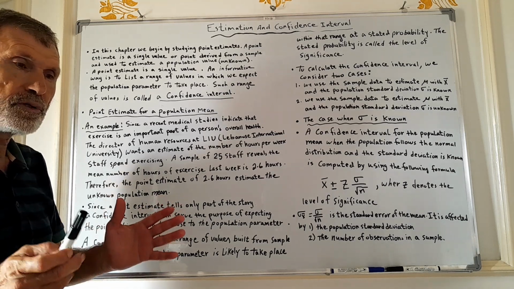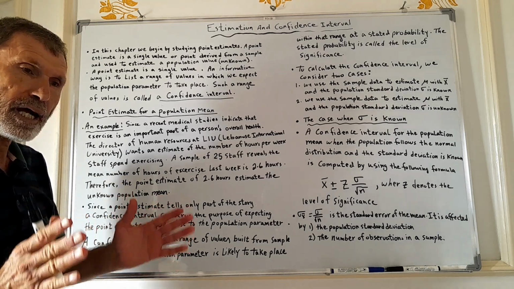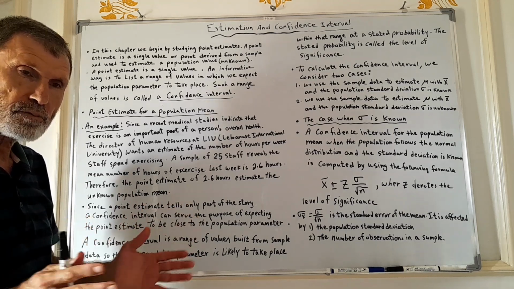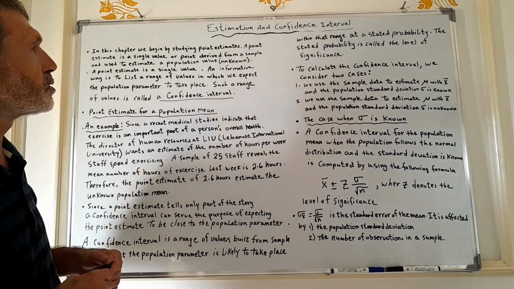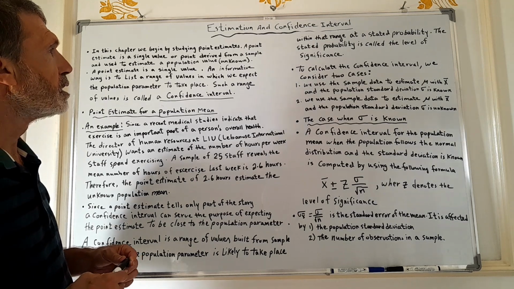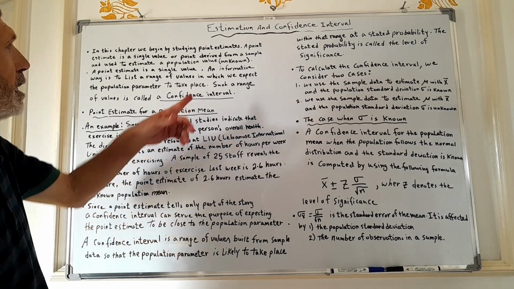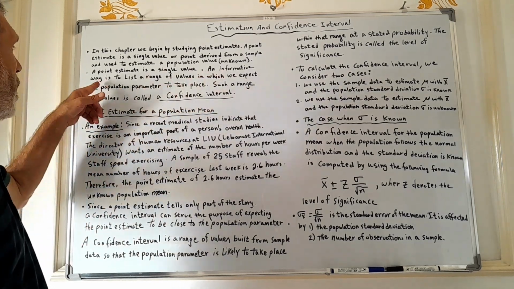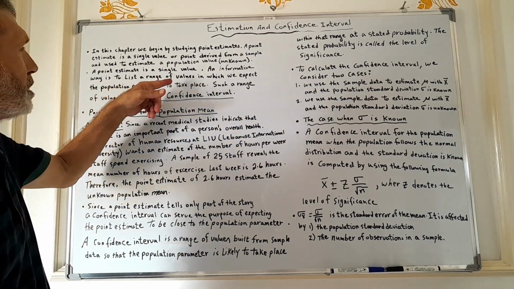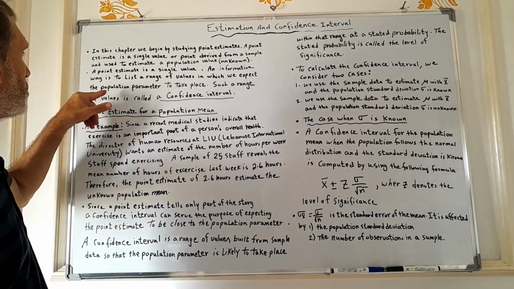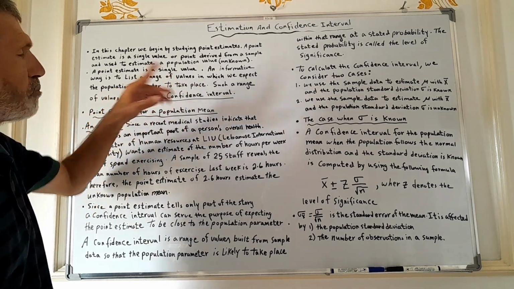So we have to select a random sample and calculate the point estimate of the statistic that we are after. An informative way is to list a range of values in which we expect the population parameter to take place.